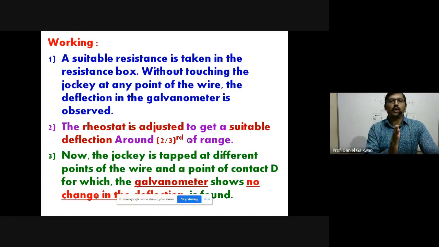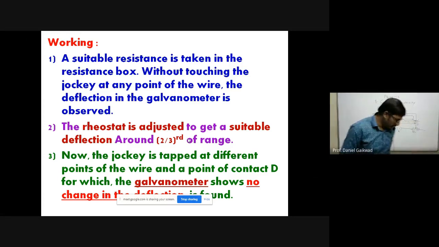So we have to set the pointer of the galvanometer so that it doesn't show 0 deflection, but shows certain divisions or degrees of deflection. That deflection we set with the help of the rheostat.